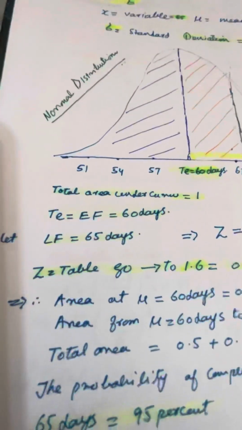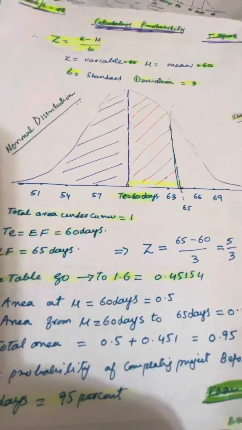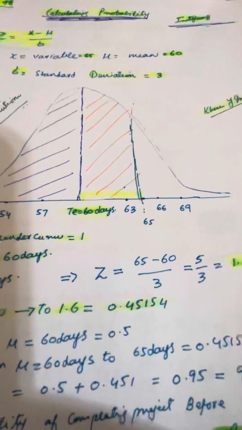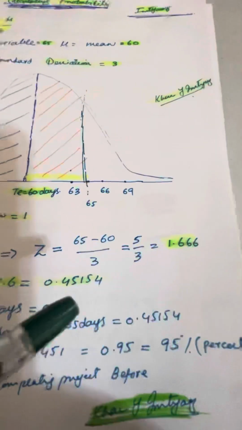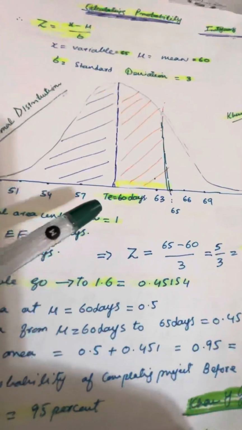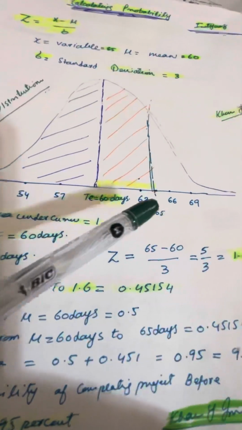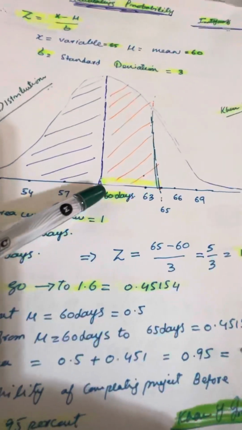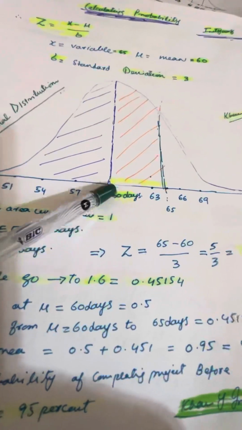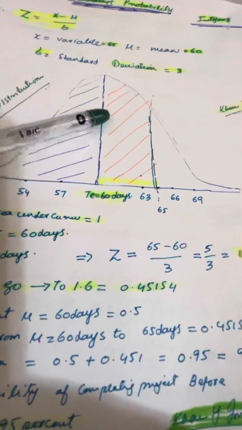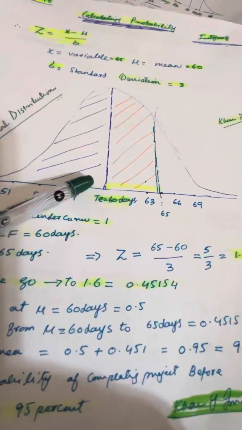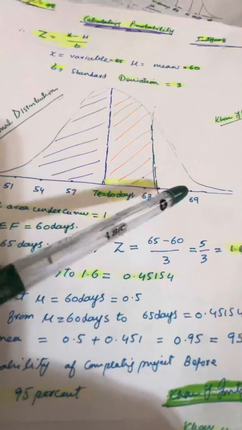But here is the trick. You got the area under the curve between 65 days and 60 days, which I made yellow. We know the mean, our 60 days, divides the curve in half: 50% of the area is on this side and 50% on this side.